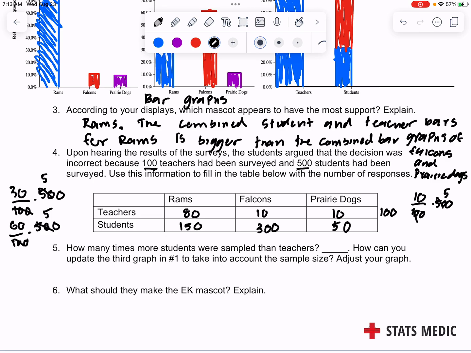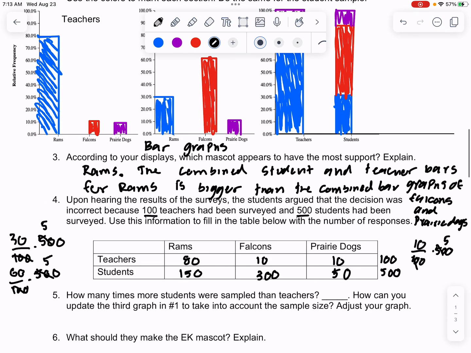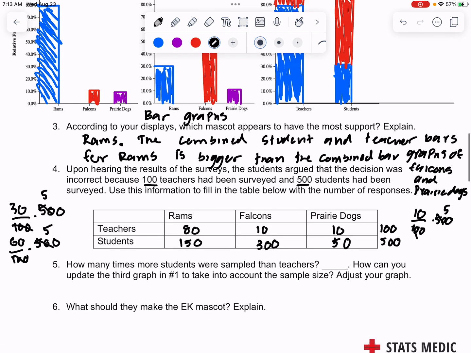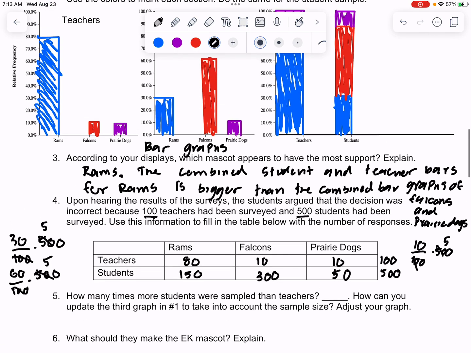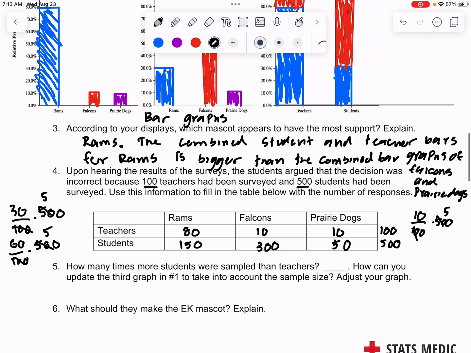Okay, so we have the total counts. Notice that these ones add up to 500 as they're supposed to, since we surveyed 500 students. So now we have the counts. Is there any way that we could adjust the graph to have a visual representation that we sampled more students than teachers? And how much more students than teachers did we sample?